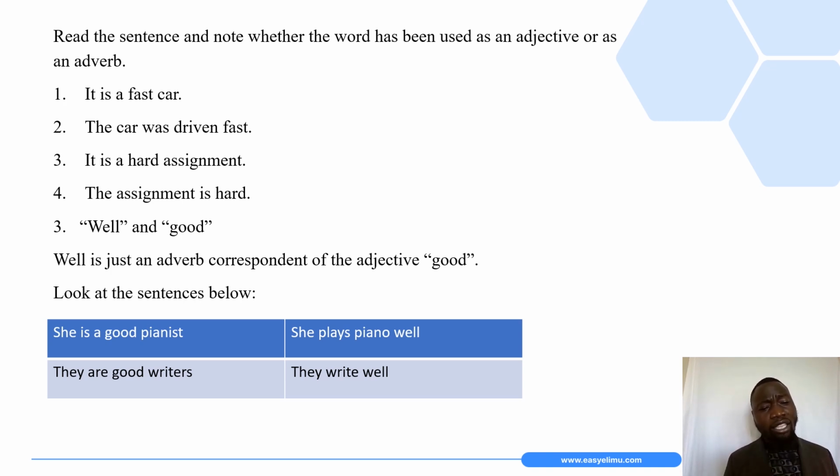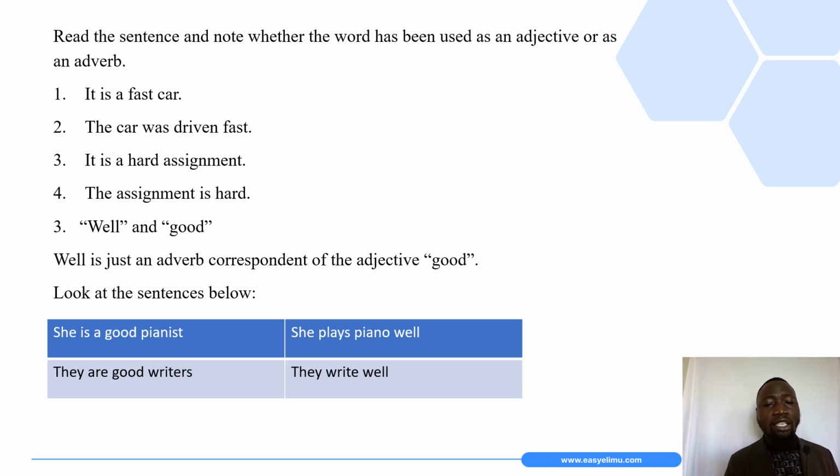On the third category, there are also adverbs like well and good. Well is just the adverb correspondent of the adjective good, meaning that they can be used in sentences to mean the same thing. If you look at the sentences below, in the first column, we have, she is a good pianist.